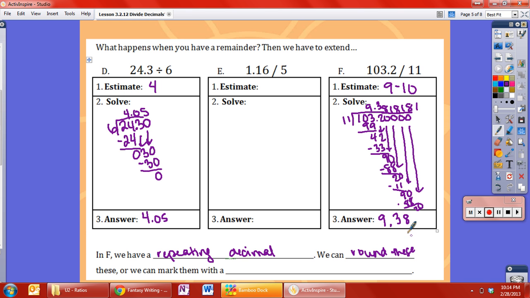So I could round it to 9.38 or to 9.382 because that 8 would tell me to round up here. Or we can mark them with a line over the repeating digits. So the 8-1 repeats, so I'd put a line over that like this to show that the 8-1 repeats. That's how we treat repeating decimals.